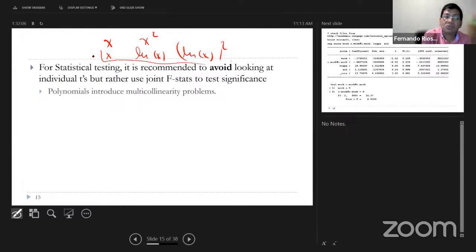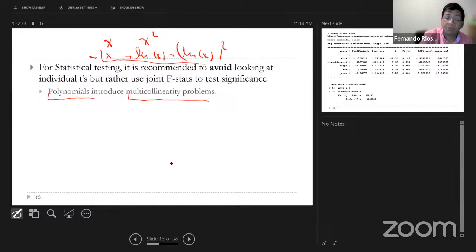Avoid the need of just looking at the individual parameters and saying whether or not they are significant. And the reason for that is because by introducing polynomials, you're also introducing collinearity, always.